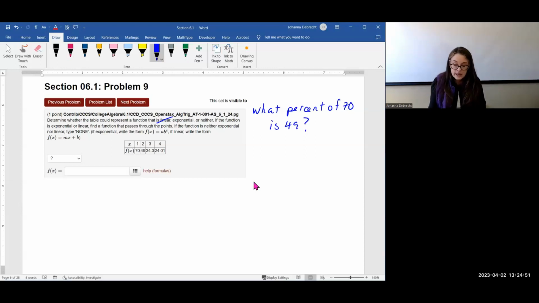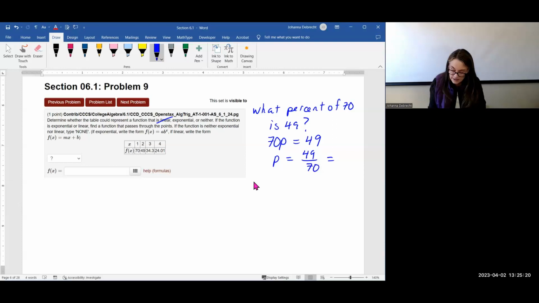So let's translate this into our equation. What percent is going to be our unknown? So we'll let this be, oh, I don't know, let's let it be P. Of means times, so I have 70P. Is equals, so I have 70P equals 49, which basically means to get the percentage, I'm going to divide 49 by 70. So I divide the next one by the previous one.